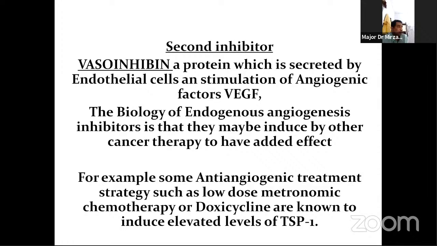The biology of endogenous angiogenesis inhibitors is that they may be induced by other cancer therapy to have an added effect. For example, some anti-angiogenic treatment strategies, such as low-dose metronomic chemotherapy or doxycycline, are potent factors that induce elevated levels of thrombospondin 1.